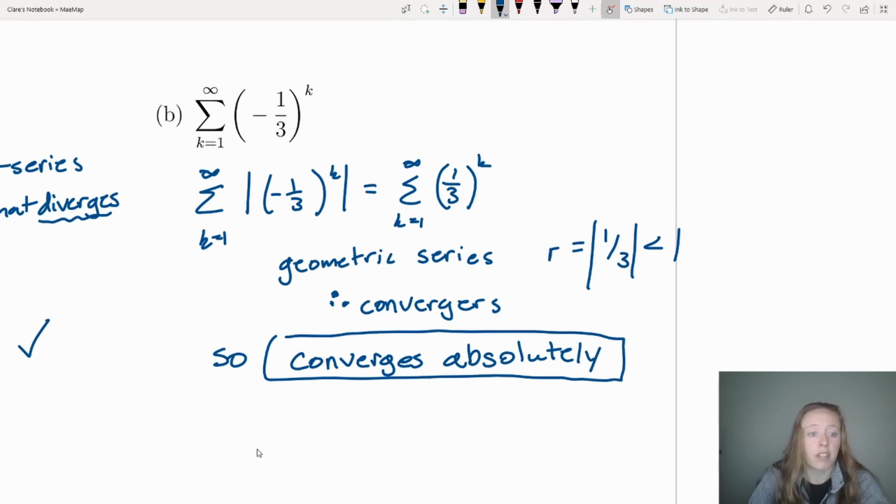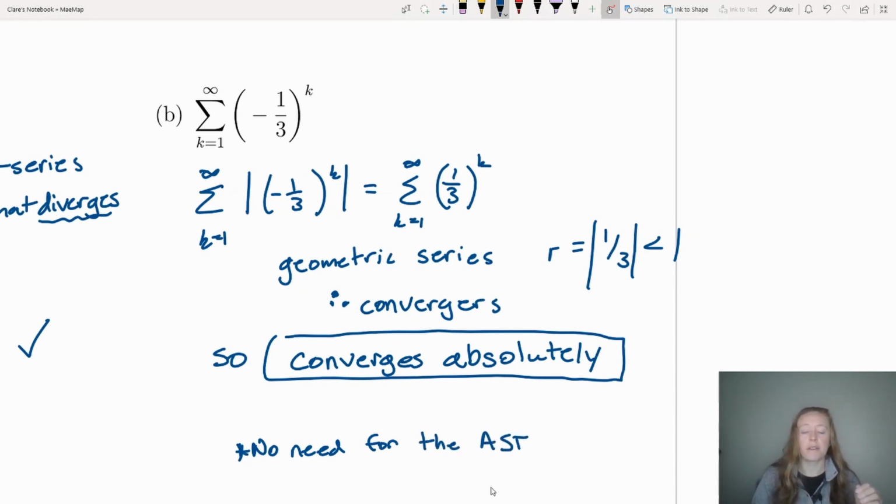So I'll just make a little note. There's no need for the alternating series test in this case. Because the absolute value of that series converges, it converges absolutely.